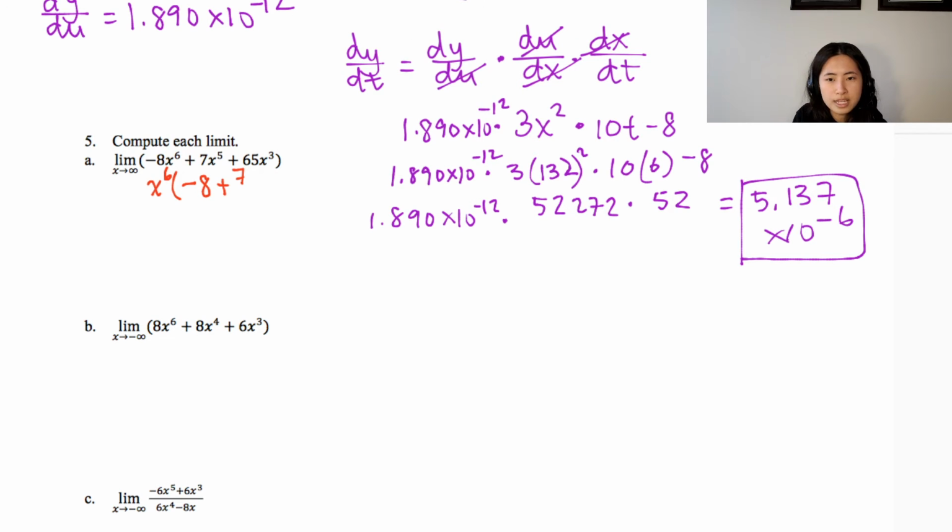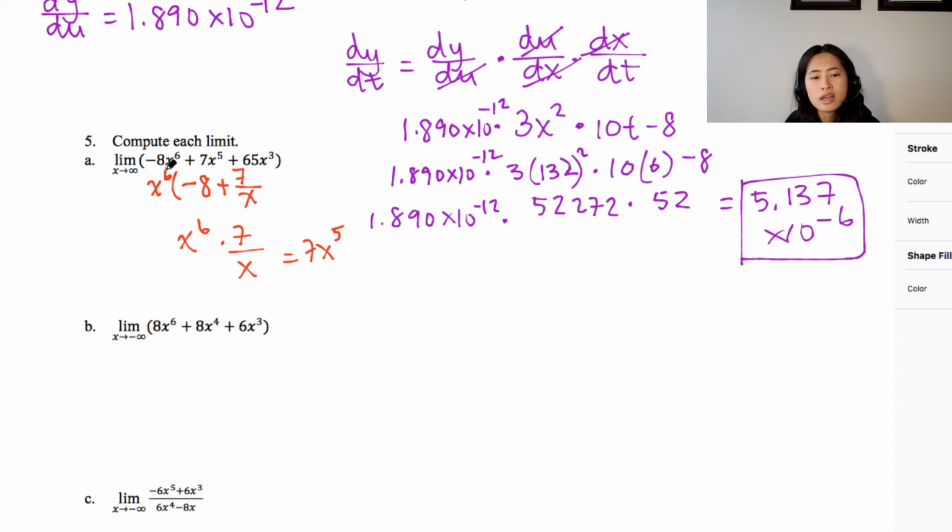Because what would happen here is if you multiply x raised to the power of 6 times 7 over x, that would result in 7x raised to the power of 5, because this is exponent laws. You're taking 6 minus your denominator, which is 1. Therefore, you have 5. That's why it's 7x raised to the power of 5.